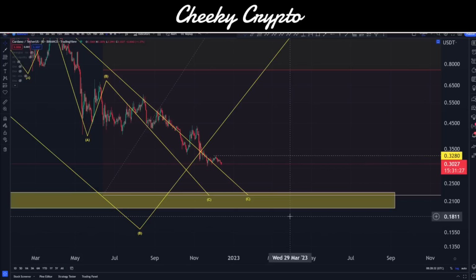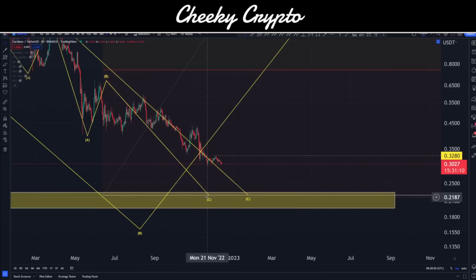So I would expect that if Bitcoin does take a bit of a tumble this week, Cardano would follow a little bit, and then eventually we'd see a corrective move to the upside. But I think Cardano might actually get a better time of that correction upwards.